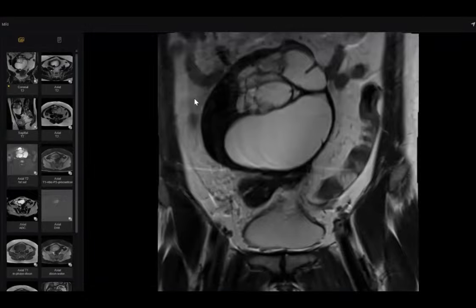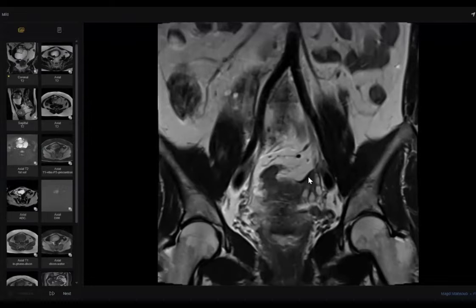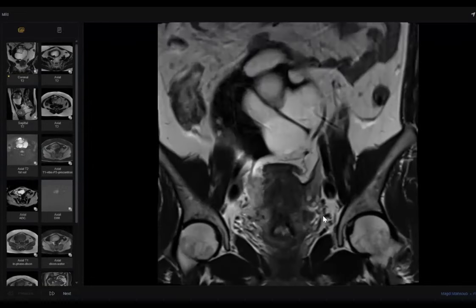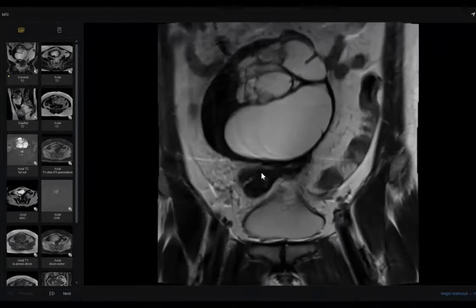How to exclude torsion? I just mentioned, my colleagues, again. Normally, you should see the normal location of the ovary, right or left adnexa, like the left ovary here. Second, any enlarged huge uterus-like ovary like this is a suspicion of torsion. Search for other signs like this pedicle. This is very characteristic. Look at this pedicle.